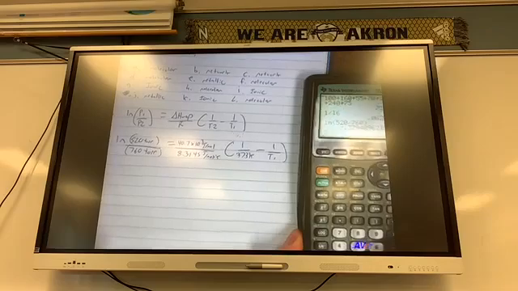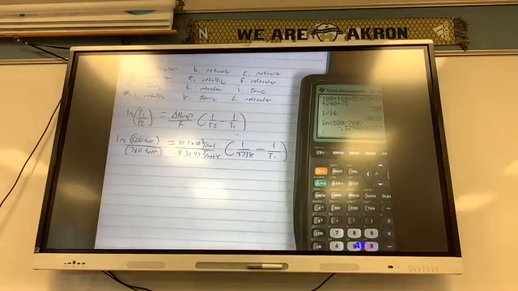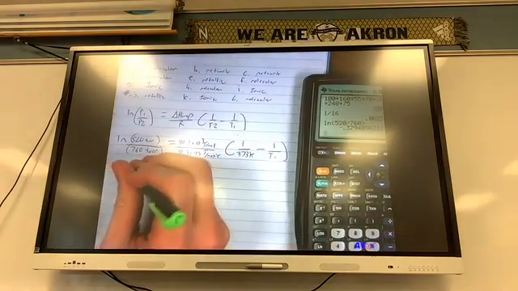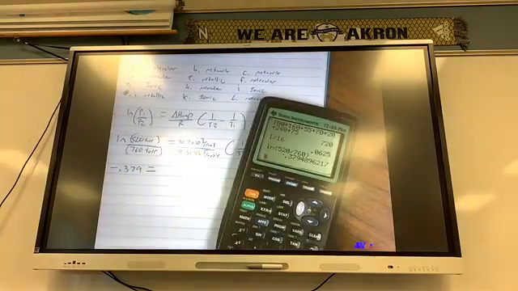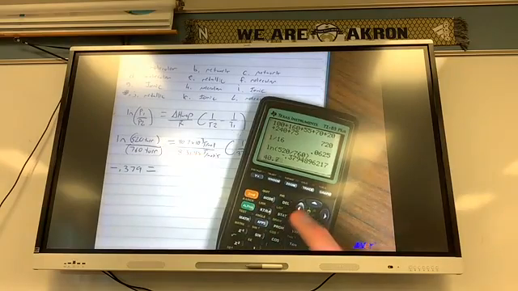So that gives me a negative, so that means negative 0.379 equals, now I'm going to do this 40.7, I'm just going to change that to 40700, divided by 8.3145.